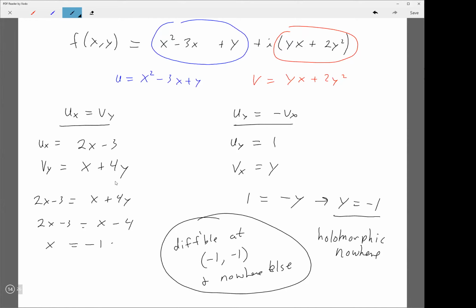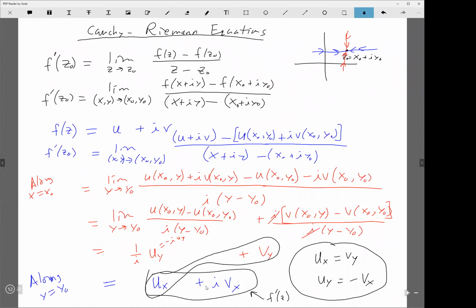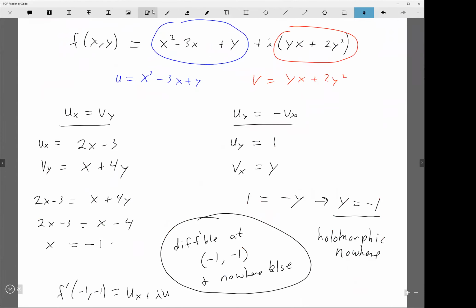Okay, so it's not holomorphic anywhere, and it's only differentiable at that one point. And the derivative at (-1, -1) is going to be u_x plus i v_x.